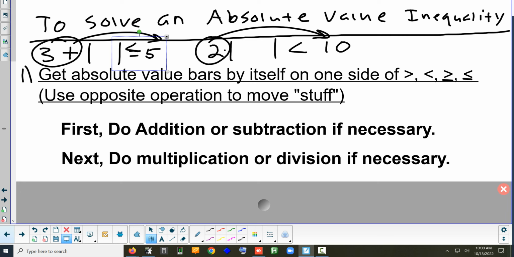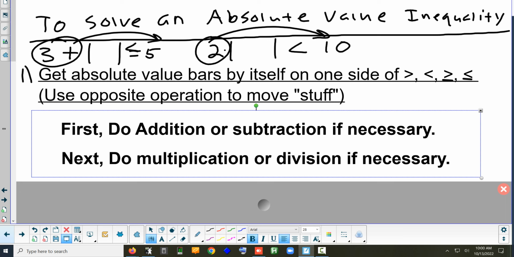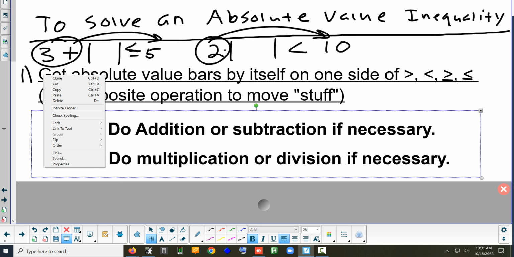Like in the case where it says 3 plus, you have to do subtraction. Or the other thing you might have to do is multiplication or division. So in the problem where it says 2 times something, we had to divide by 2. Most likely, you're only going to have to do one of those things per problem. You're not going to have to do both adding and subtracting and multiplying and dividing.